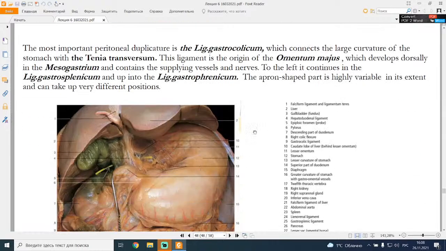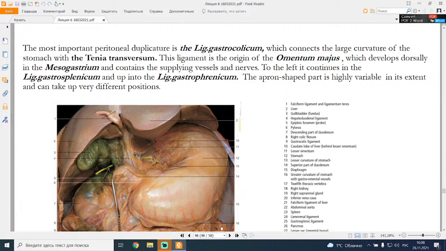The most important peritoneal duplicature is the ligamentum gastrocolicum, which connects the large curvature of the stomach with the tenia transversus.